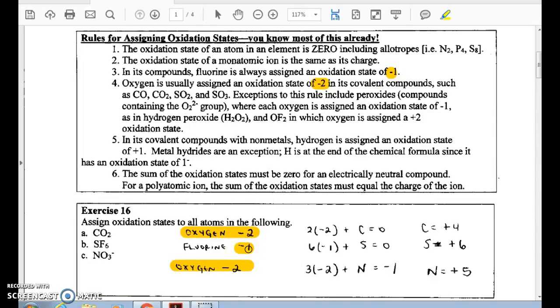Now once we know one of the atoms, we can apply rule number 6 about the oxidation states adding up to 0 to figure out the carbon. Since there are two oxygens in carbon dioxide and each has an oxidation state of -2, that -4 plus whatever the oxidation state of carbon is needs to equal 0. Therefore the carbon's oxidation state in that compound is +4.